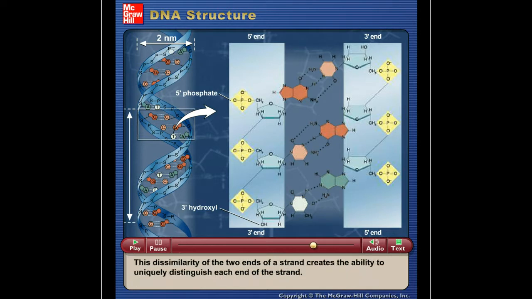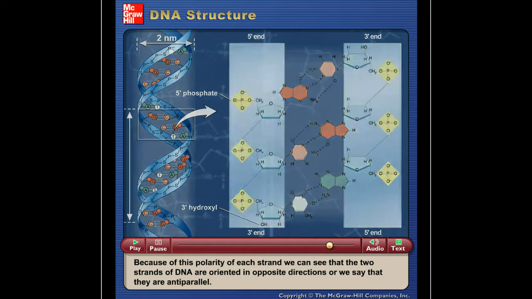This dissimilarity of the two ends of a strand creates the ability to uniquely distinguish each end of the strand. Because of this polarity of each strand, the two strands of DNA are oriented in opposite directions, or we say that they are antiparallel.